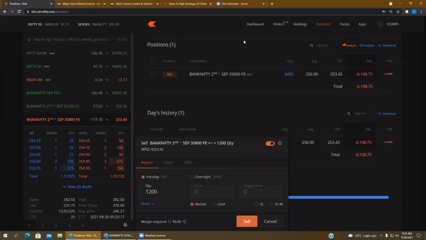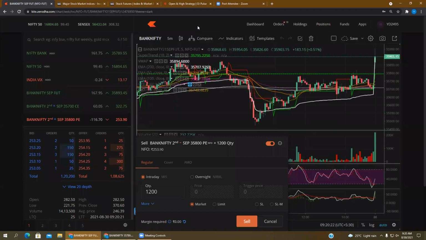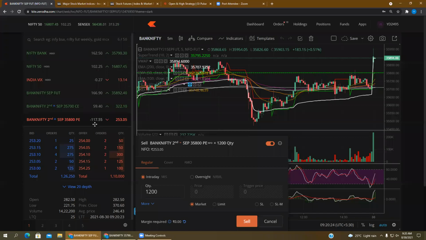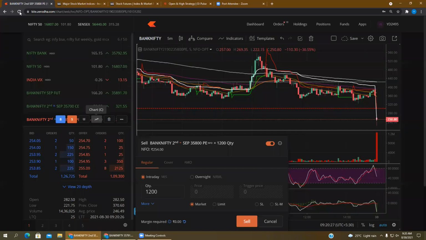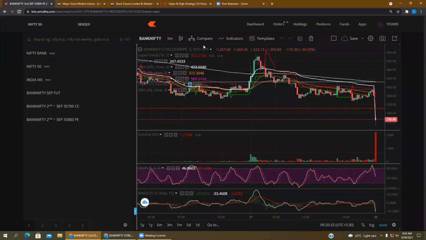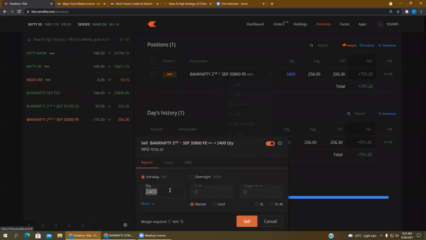My stop loss would be 230 on this one. 230 will be my stop loss on this one. Yeah, there are slippages, but I don't worry about it too much.